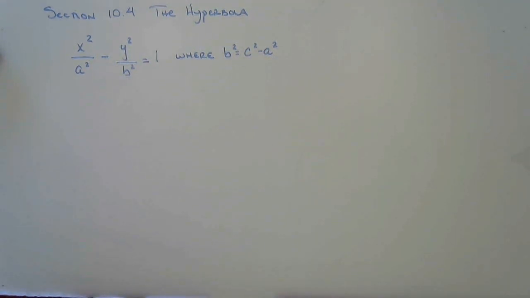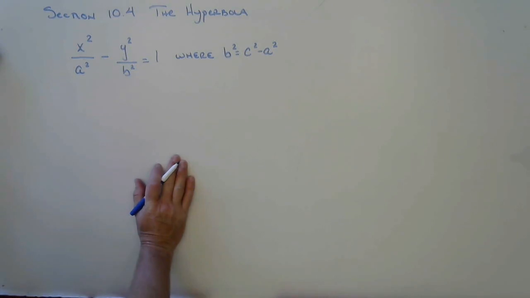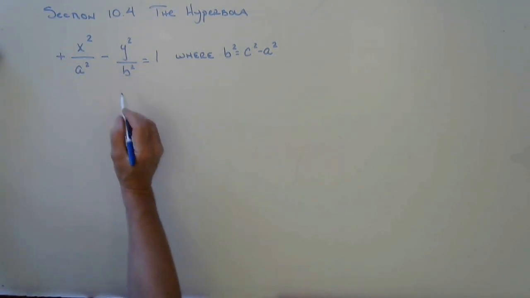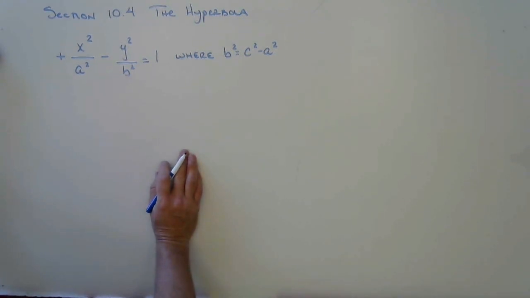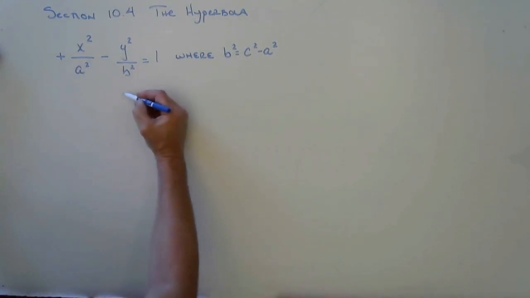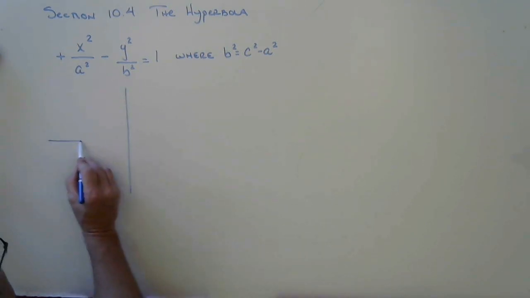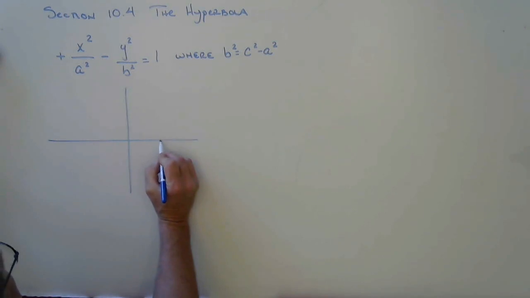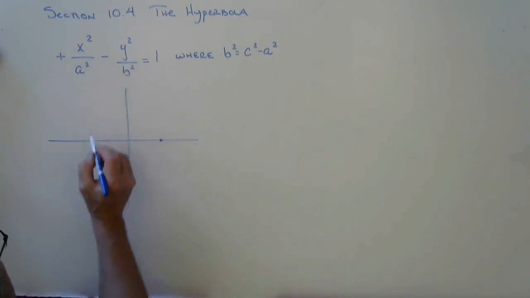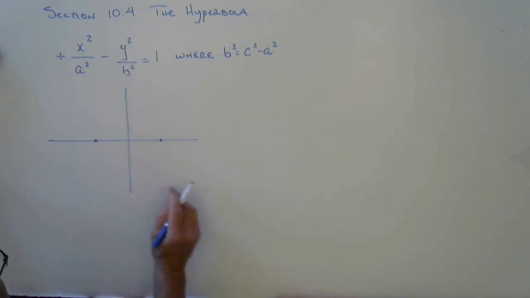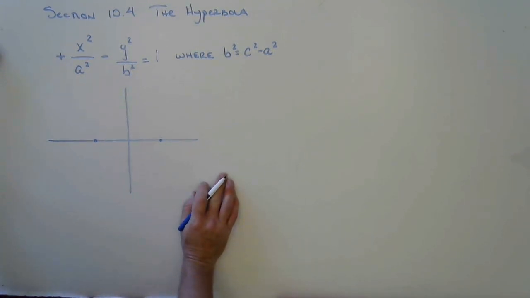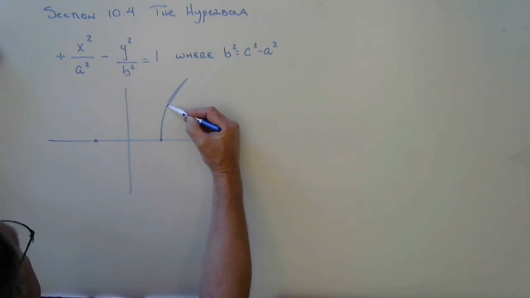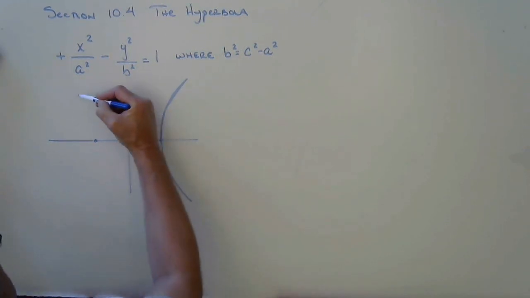Now what do we know about this hyperbola? Well, this hyperbola has a positive in front of the x and a negative in front of the y. Since the x is positive, when we draw its graph, our hyperbola is going to have vertices on the x-axis, and it's going to open like this.